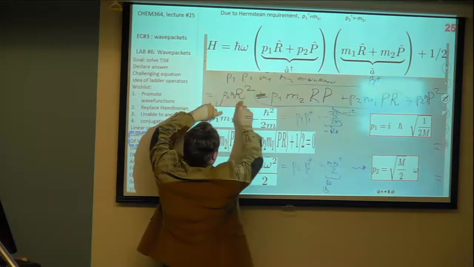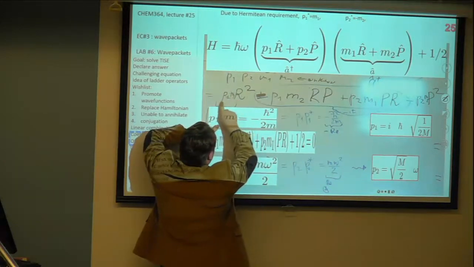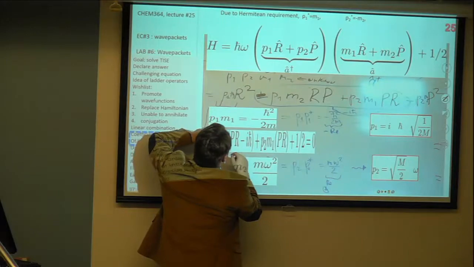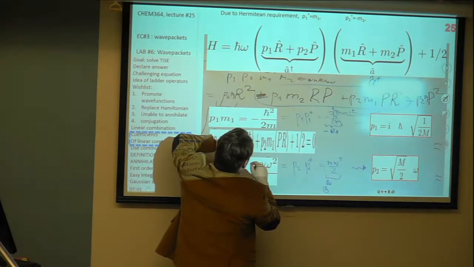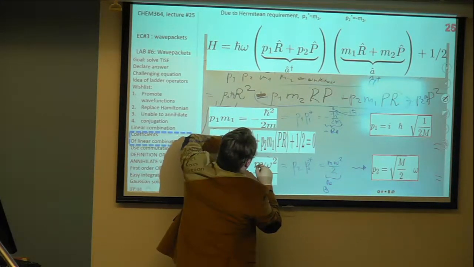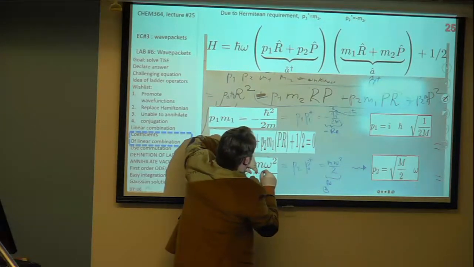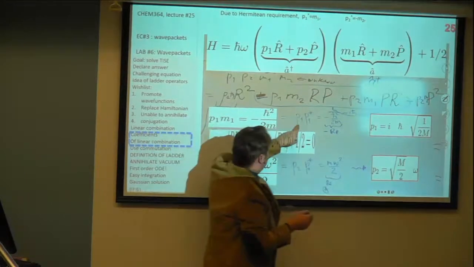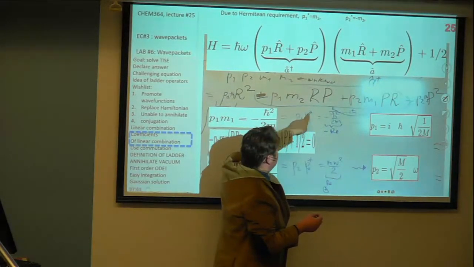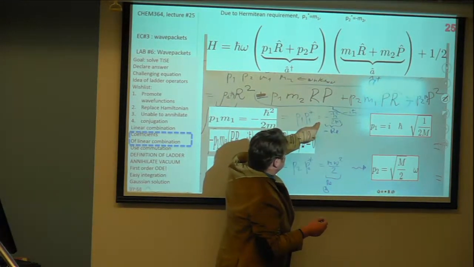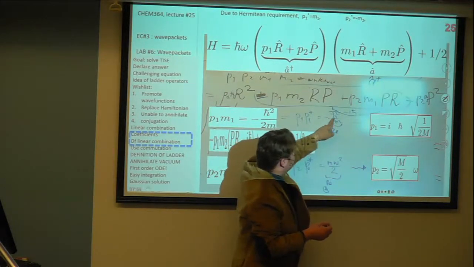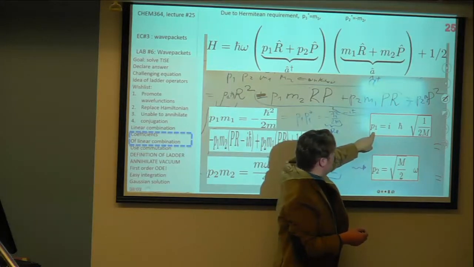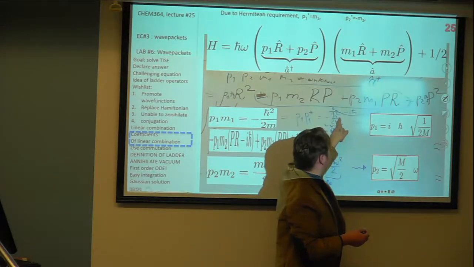P squared should have the same coefficient as P squared in front of it, minus ħ squared over 2. And then because of the Hermitian property, it will be just T1 times T1 star, equal to minus ħ squared over L, which means to find this coefficient, we just take the square root of this factor in front.